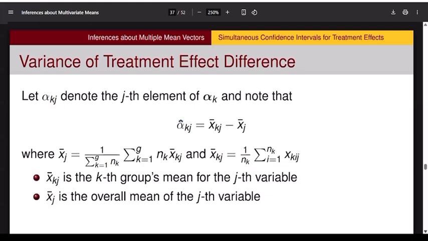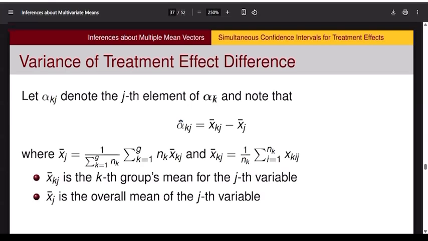Finding the variance of treatment effect difference will enable us to conduct different kinds of tests. Maybe we want to conduct a pairwise comparison test after the null hypothesis has been rejected in the multivariate analysis of variance, or construct a confidence interval, or investigate whether there's equality of covariance structure among groups.